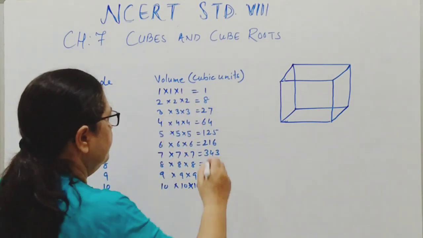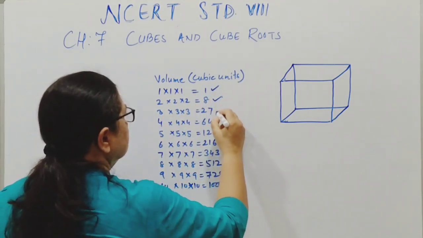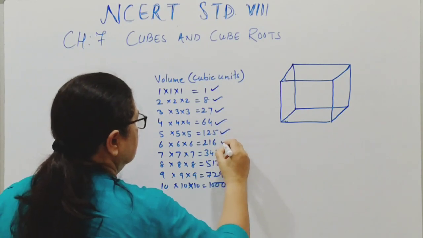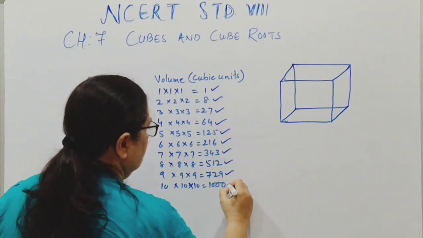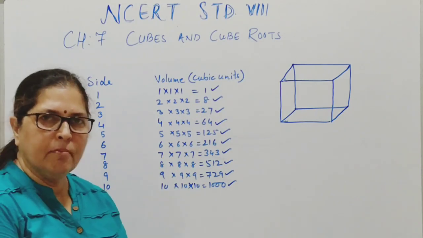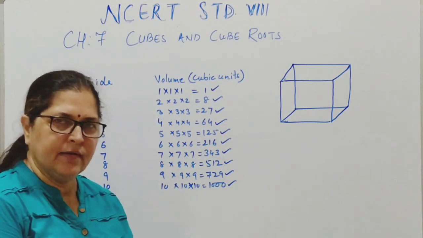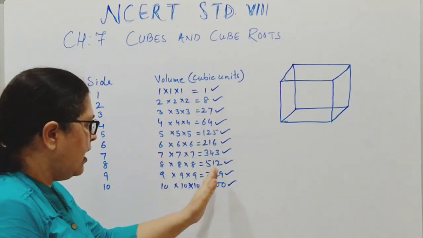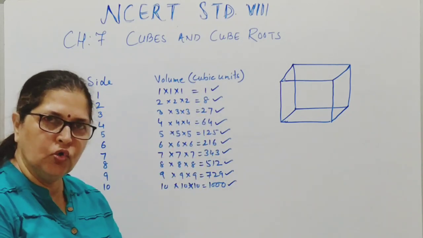Now all these numbers we got by multiplying a particular number by itself 3 times. So these all are perfect cube numbers.